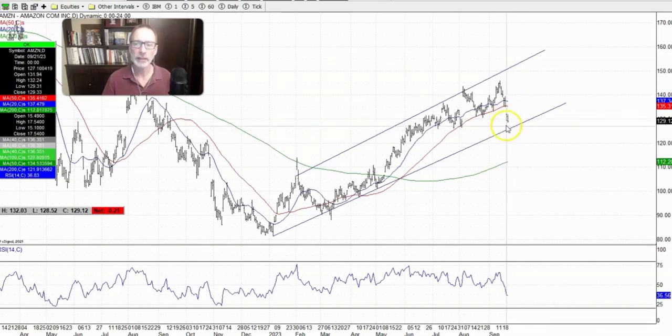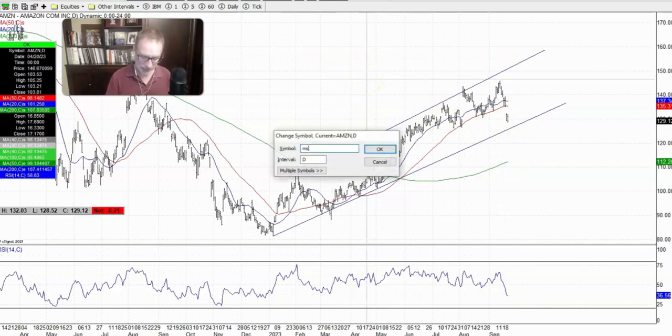So you want to wait until you see some support come in for a couple days and start to see the stock or index start to move higher. That's your higher probability setup where it's starting to move up again, where you could possibly get into some more bullish trades at that point. If it doesn't find support here, it may keep going. All right. So that is Amazon.